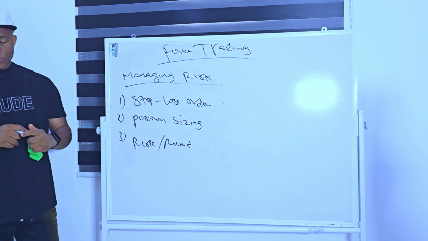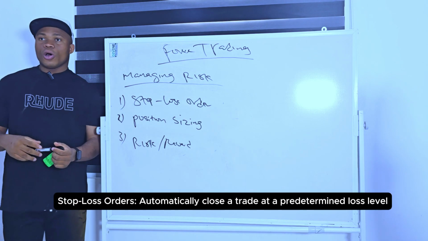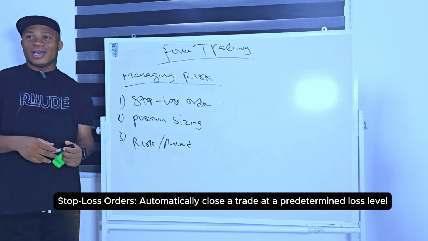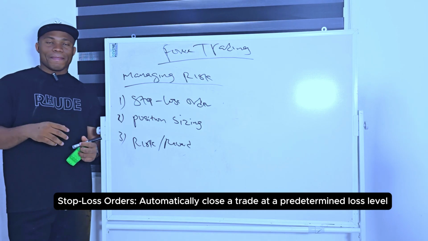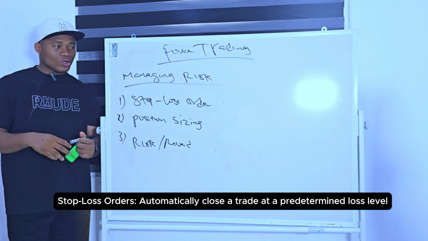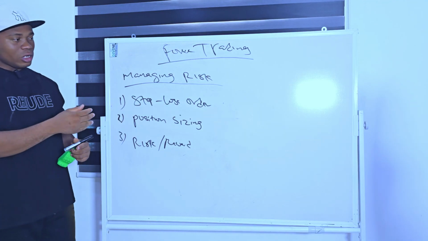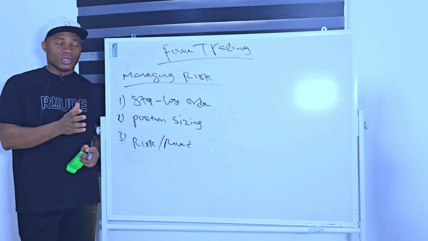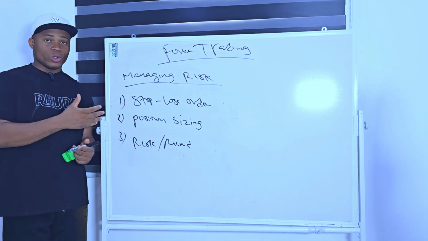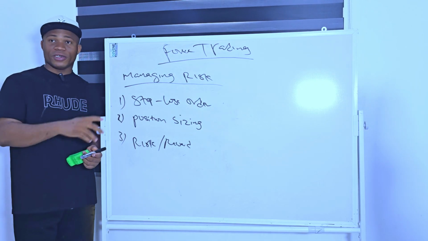I've already explained stop loss order, which I said before automatically closes a trade at a particular level so as not to exceed the losing amount that you want to lose at that particular time, which is managing of risk.